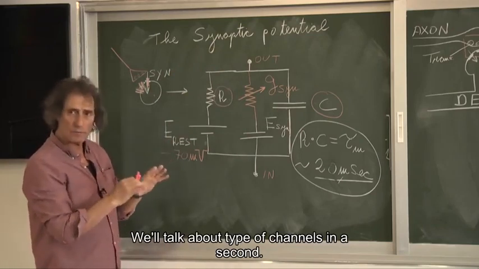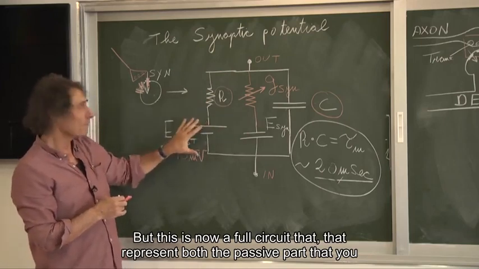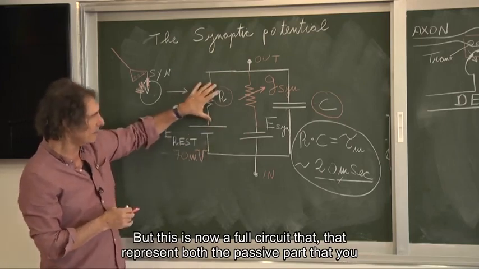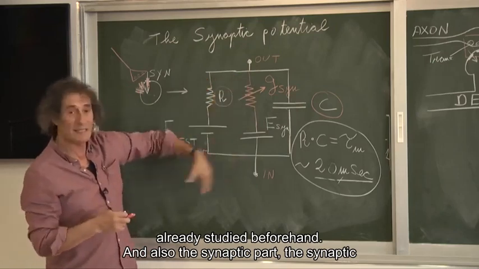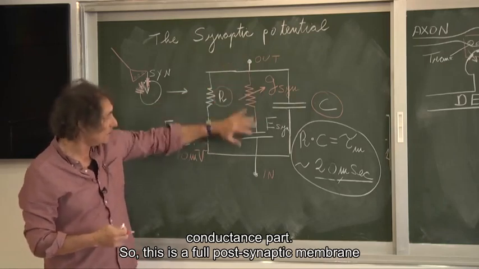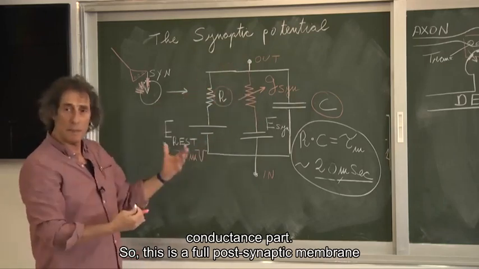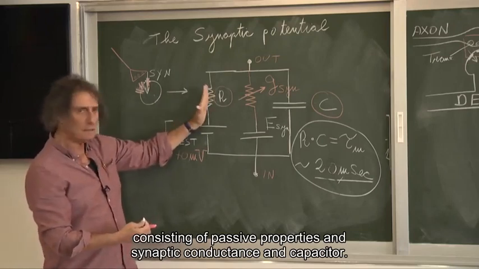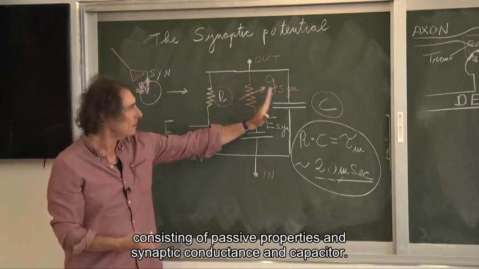We'll talk about types of channels in a second. But this is now a full circuit that represents both the passive part that you already studied beforehand and also the synaptic part, the synaptic conductance part. So this is a full postsynaptic membrane consisting of passive properties, synaptic conductance and capacitor.